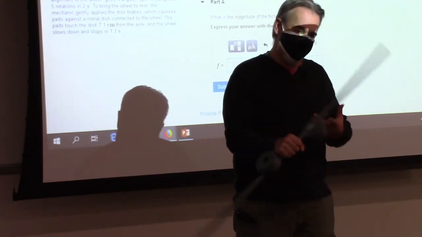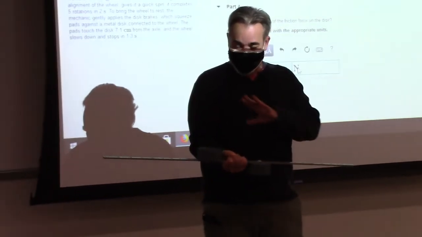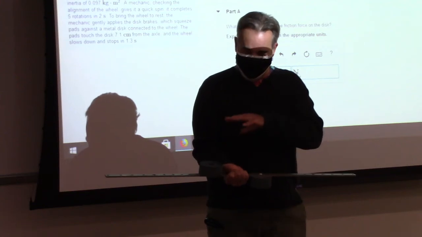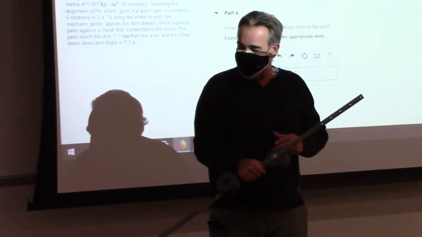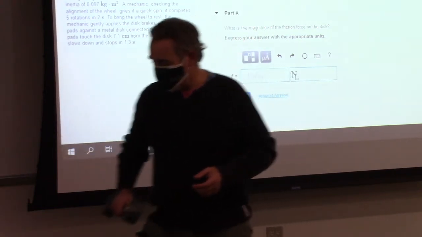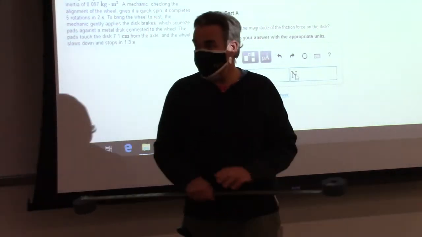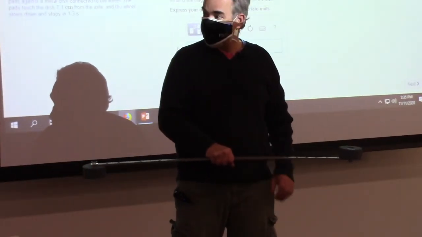So what is moment of inertia? It's a measurement of how hard it is to get something to rotate. It's related to the mass. If you made this mass bigger, it would be harder to rotate. It's almost more directly related to the distance, though, because in the formula, it's the distance from the pivot point squared. So if I made these twice as far away, the moment of inertia would be 4 times as much.